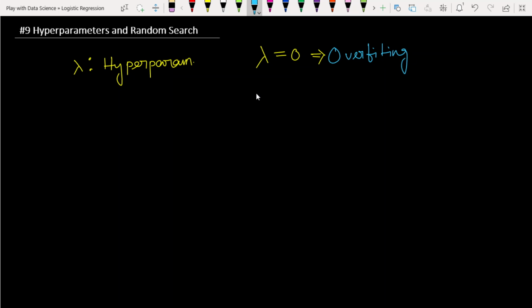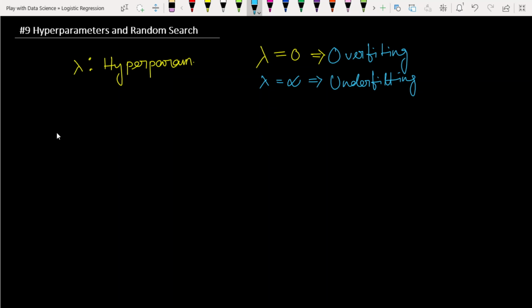We have learned it in L2 regularization as well as L1 regularization. If lambda is infinity, then this model is called the underfitting model. I'm not discussing it again. If you forget it, I request you please go to this lecture.